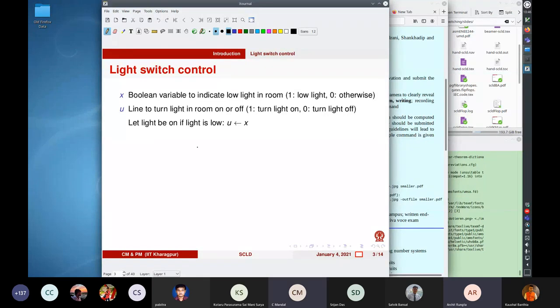Yeah, that's a good observation. The way we have done it is that if it is low light, it will definitely turn on. But as someone pointed out a while back, once the light is turned on, the sensor will indicate that it isn't low light anymore.